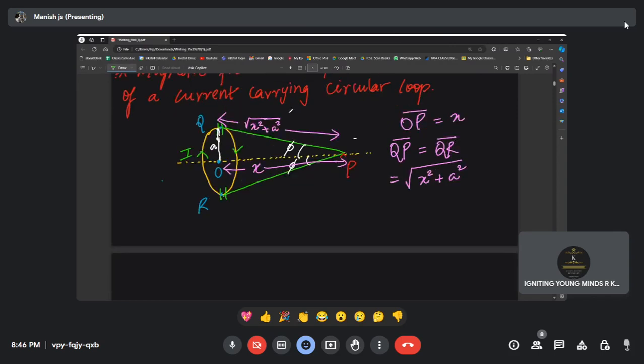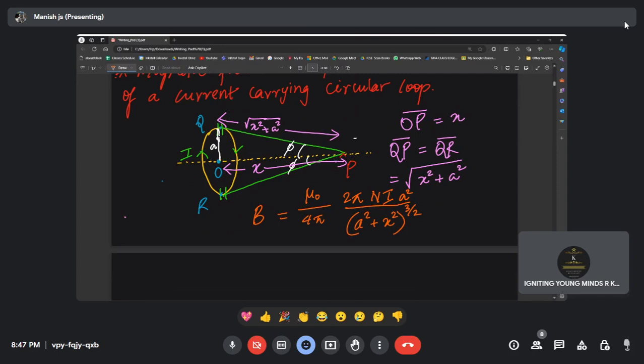Now having understood the figure and the relations between the points, we try to find out the expression for magnetic field at this point P. It is given by the relation B is equal to mu naught upon 4 pi times 2 pi n I a square upon a square plus x square whole to the power 3 upon 2. This is the formula.